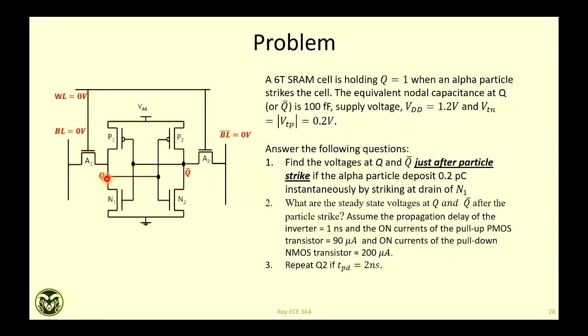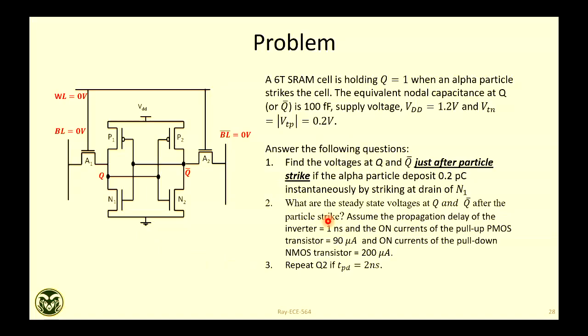At Q, we'll see a dip in voltage. It is in hold state. Word line is 0, bit line is 0, because it is holding the data. You want to see whether a silent data corruption has happened or not. Silent data corruption means it is undetectable. You have not written or done anything, and suddenly you see a bit flip. So the question is whether this strike can upset the bit.